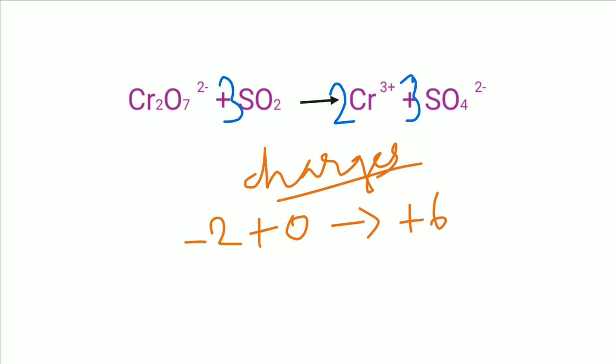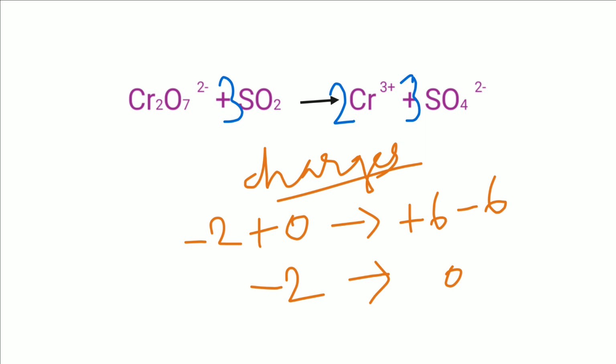The next one is sulfate ion, 3 times 2 minus, that is equal to minus 6. So plus 6 minus 6, the result will be 0 on the right hand side. So there is no charge on the right hand side. But on the left hand side, the total charge is minus 2.